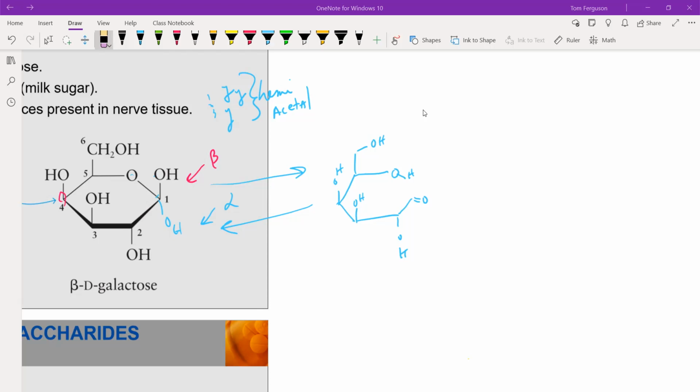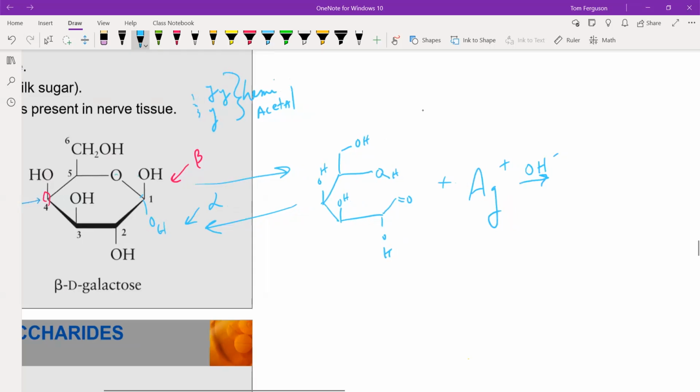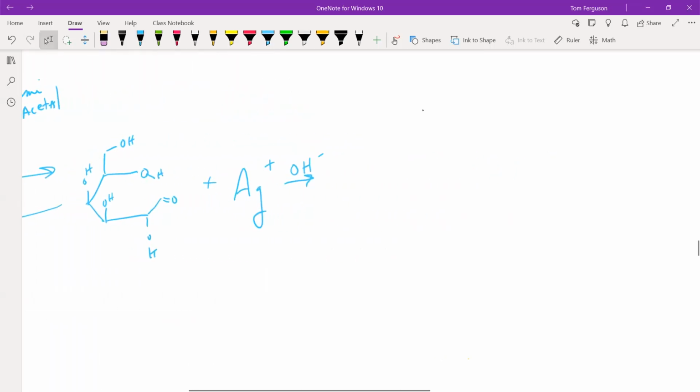So now it can become oxidized if we have something that is oxidizing. Let's do silver this time. It's in a basic environment. So the aldehyde there, being oxidized, goes to the acid.